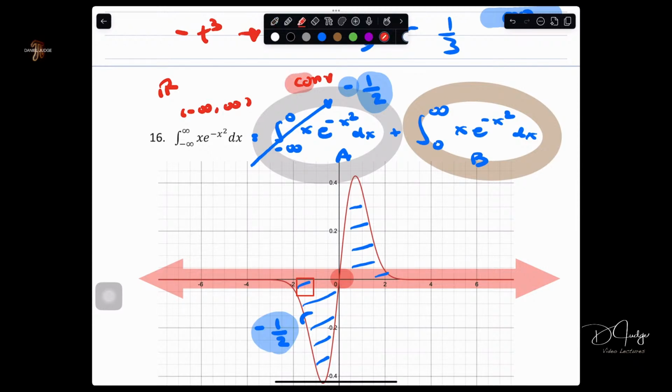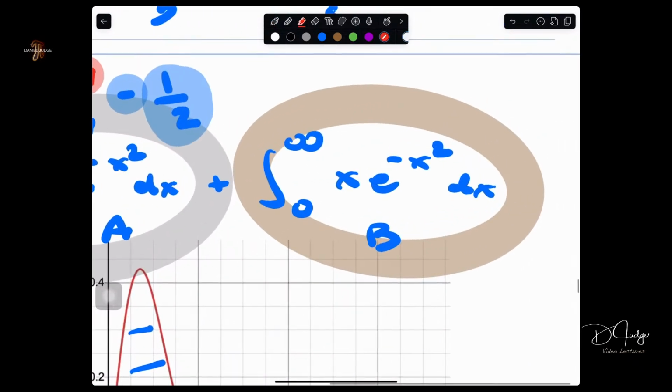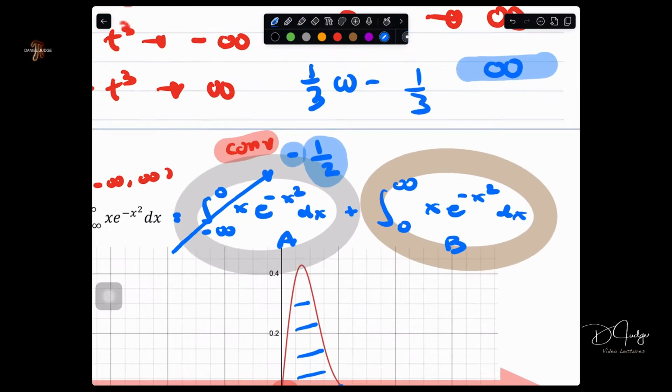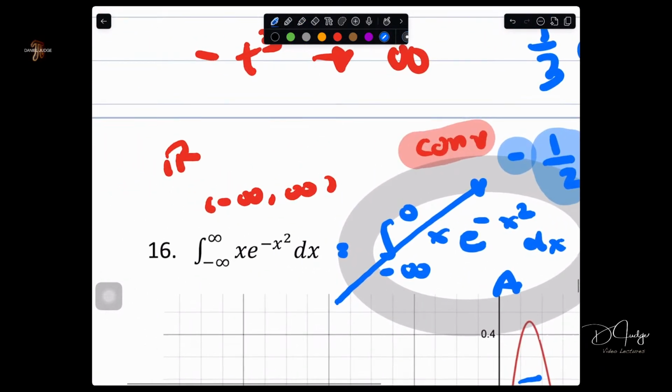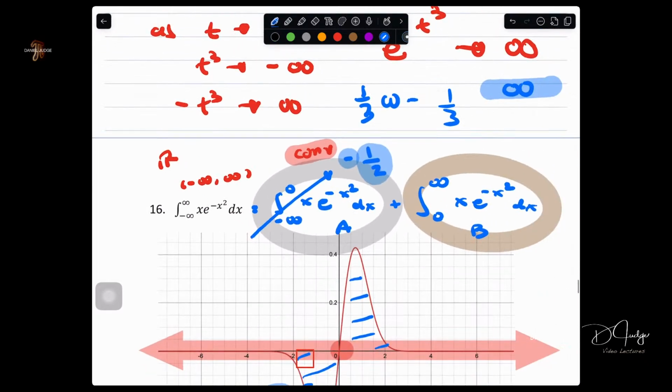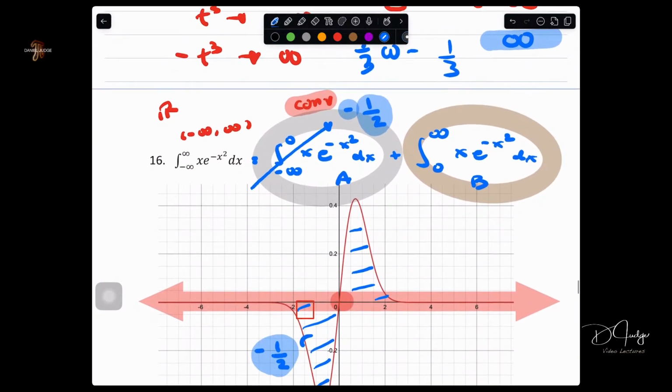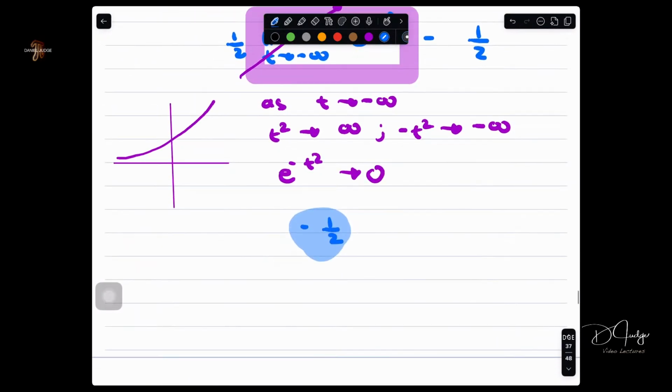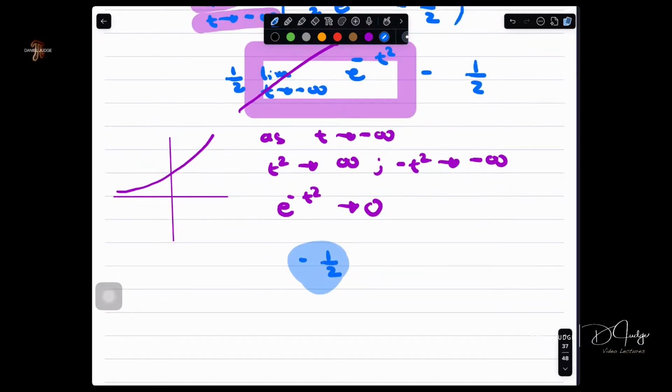And now we have to determine the second improper integral we call b, and that goes from 0 to positive infinity. If we get convergence here, then this integral converges. So we need convergence for both. Okay. We're going to need more paper.